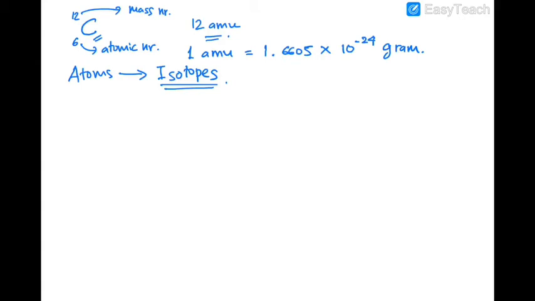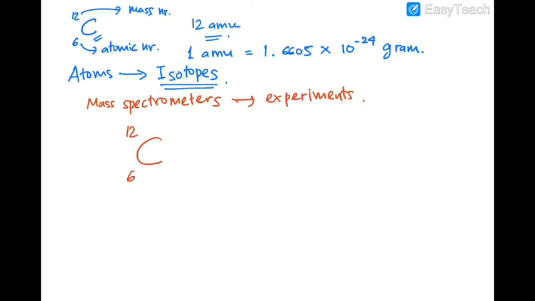Using a modern instrument called a mass spectrometer, scientists can provide experimental evidence that for carbon, besides 12,6 carbon, there's also 13 carbon.